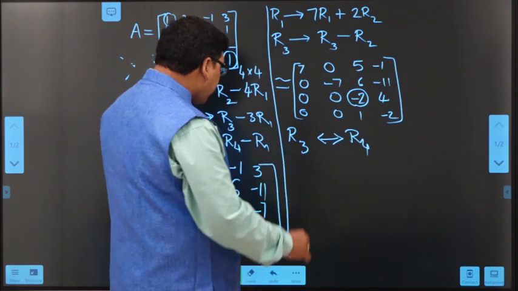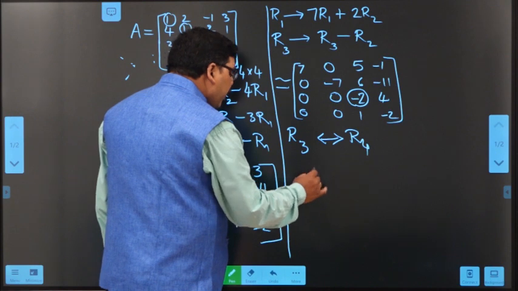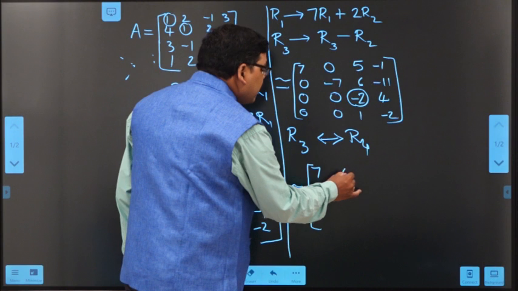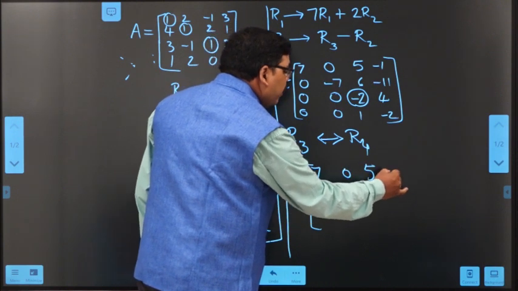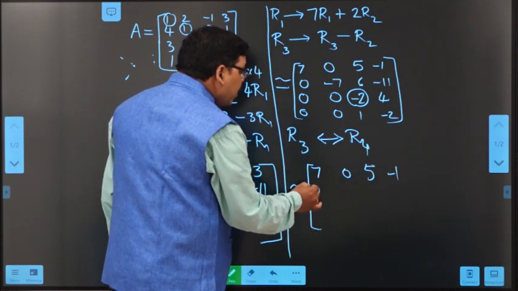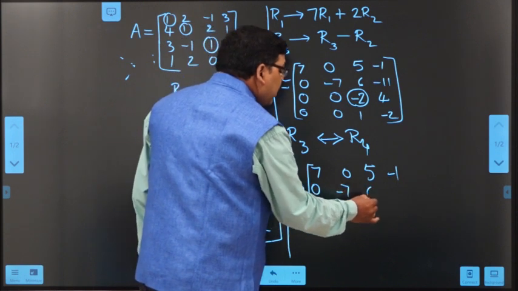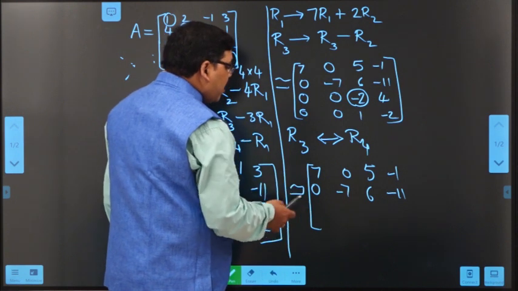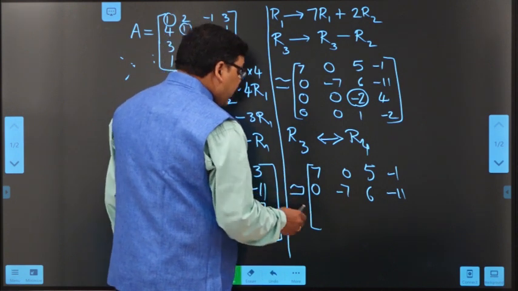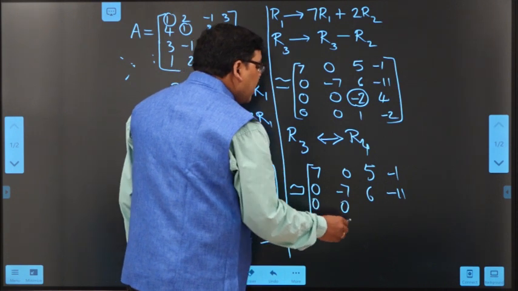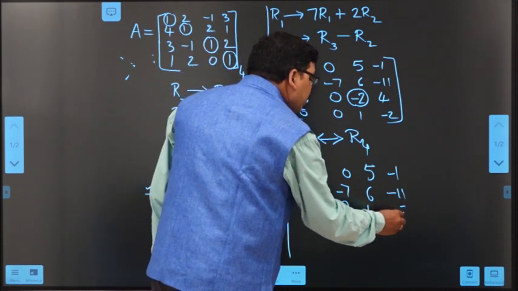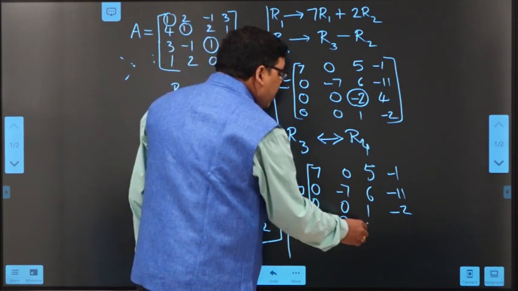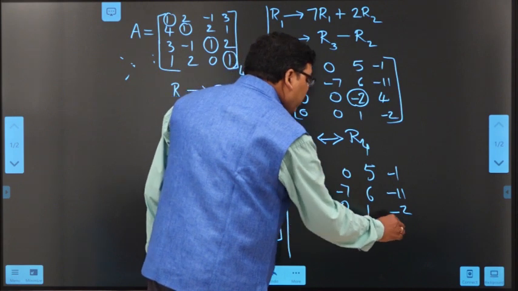When I interchange R3 with R4, I will get 7, 0, 5, minus 1 first row, 0, minus 7, 6, minus 11 second row. Now my R3 will be 0, 0, 1, minus 2, and my fourth row will be 0, 0, minus 2, 4.